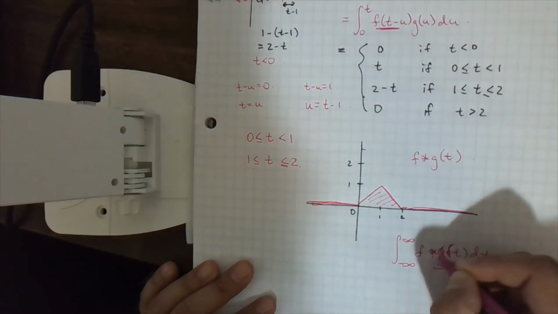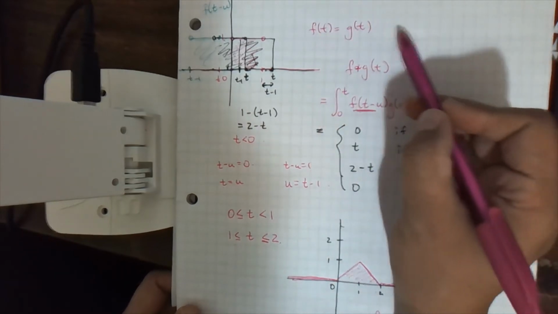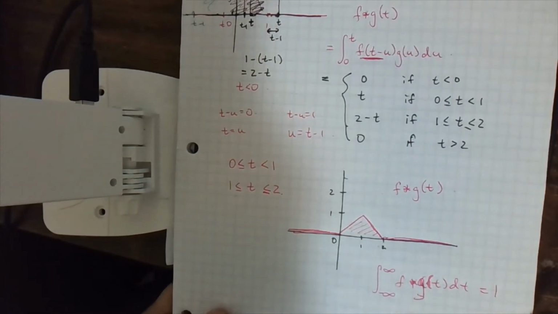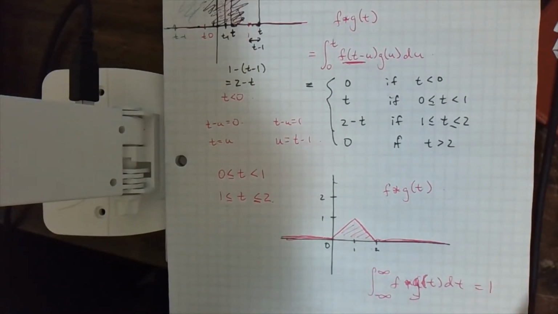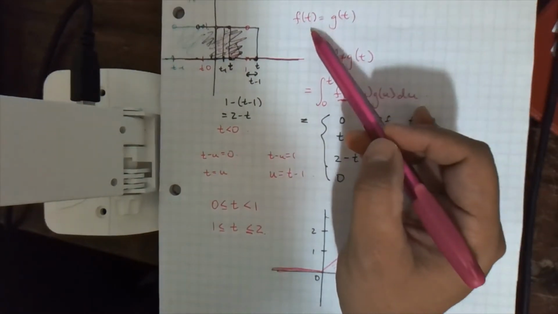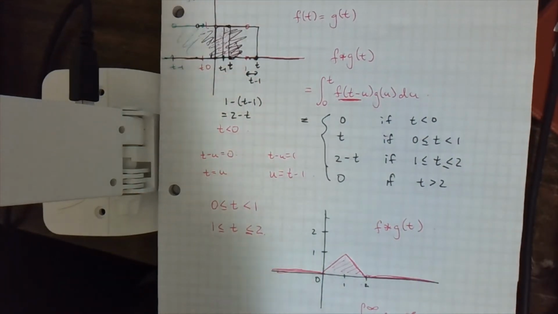And that's kind of a property of convolutions. If the area under f is 1 and the area under g is 1, the area of the convolution is 1. And in general, the area under the convolution is always going to be the product of the area under each of these, as long as that area is finite.